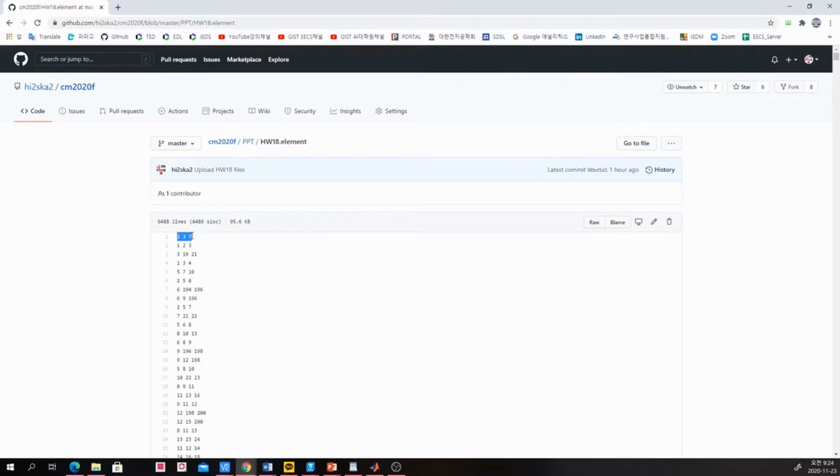What is your guess about these numbers? If we talk about the second line, second element, you can find that this is 1, 2, 3.